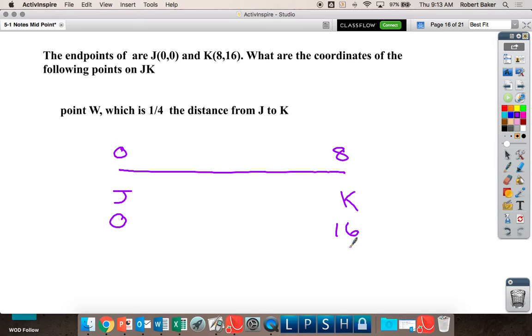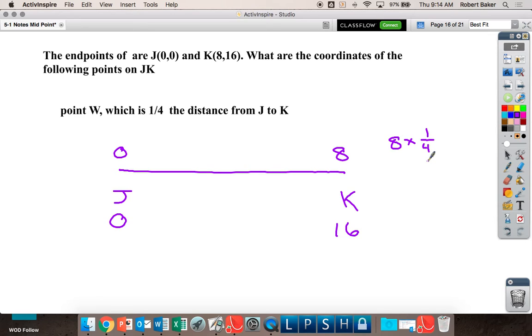I want to find a point 1/4 of the way from J to K. So I want to go from J to K, left to right. I want to find 1/4 of the total distance. Well, how far is it from 0 to 8? 8. So I want to do 8 times 1/4.